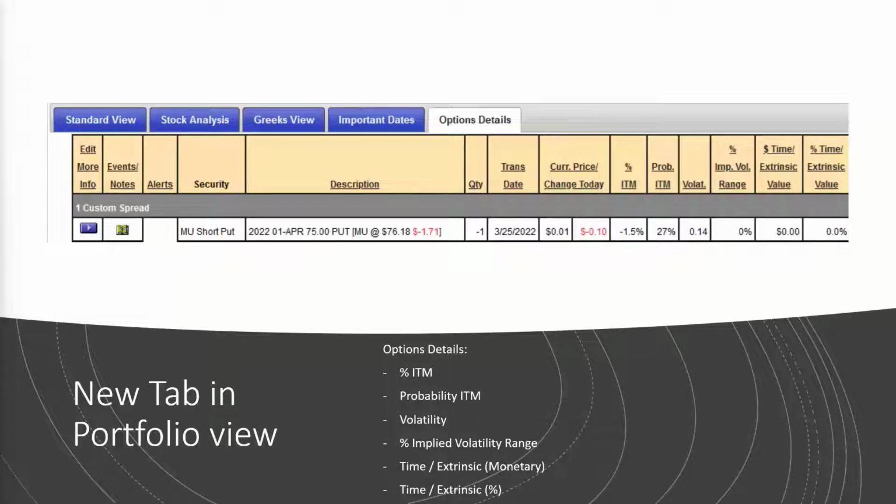So instead of going to the option chain or going to another tool, you can just take a look at the options details tab to get some of that more information, or check the Greeks view, of course, if you're interested in your delta or your gamma or your theta. So we just made that change this week, so that's available now as well. You want to check that out when you're tracking your positions.